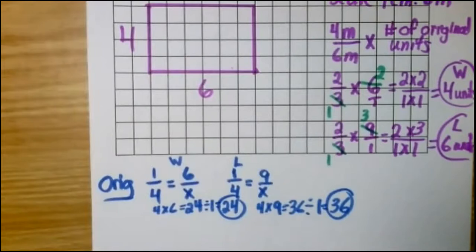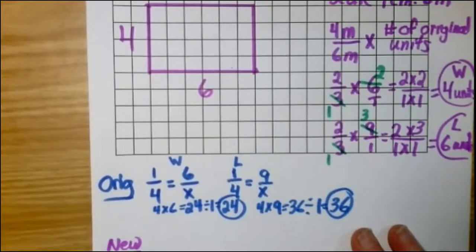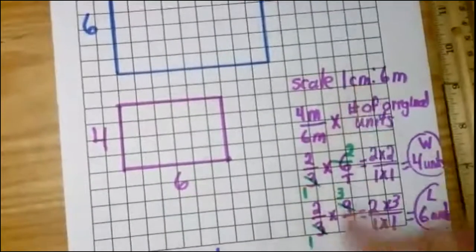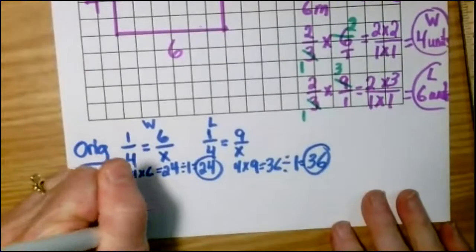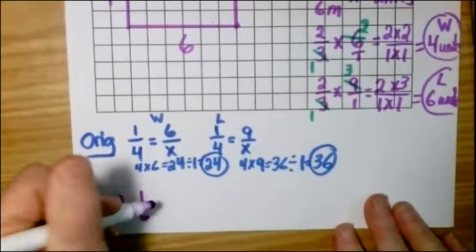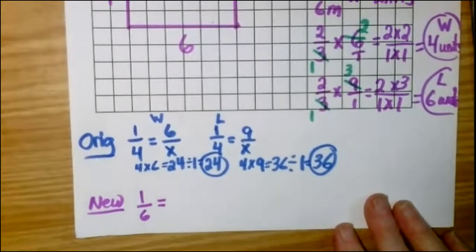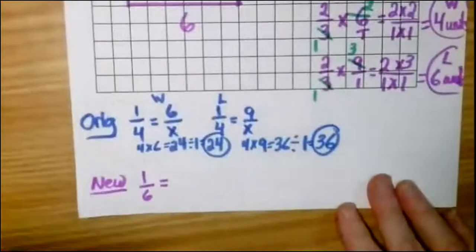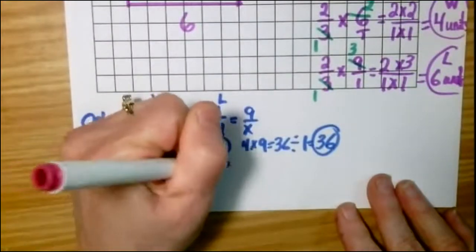Okay, now let's see what it is with the new scale. So now we're going to do it with the pink scale and see what we come up with. Using the new scale, our new scale is 1 centimeter to 6 meters. And then we have our numbers. Our width is 4 now, 4 to x. That's going to be our width.